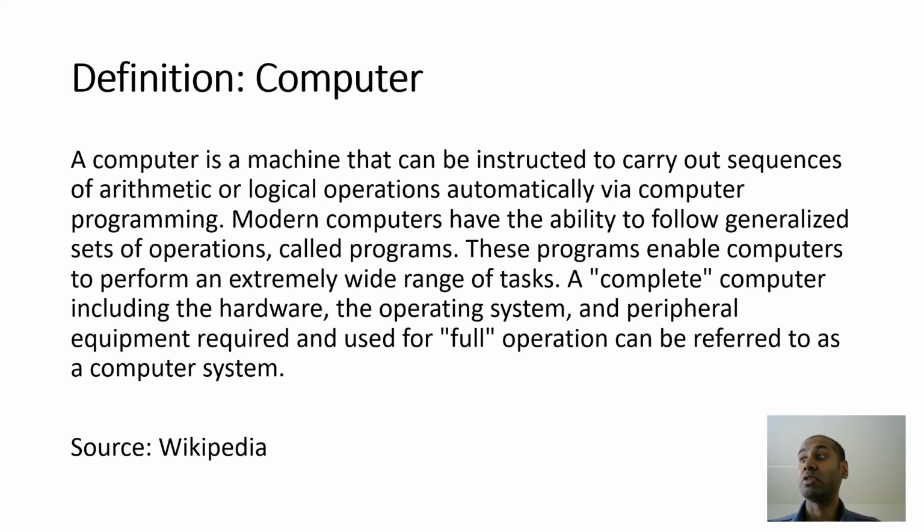Modern computers have the ability to follow generalized sets of operations or instructions called programs. These programs enable computers to perform an extremely wide range of tasks. So, in a nutshell, if you've ever been wondering what a computer is, that's what it is. It performs calculations as well as follows instructions.